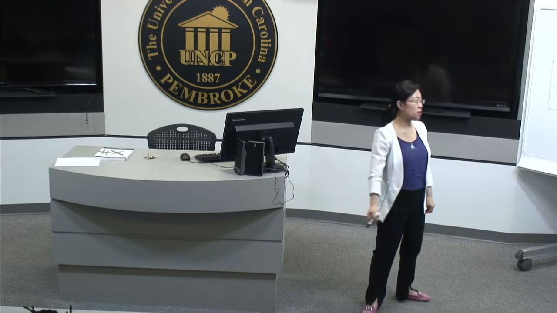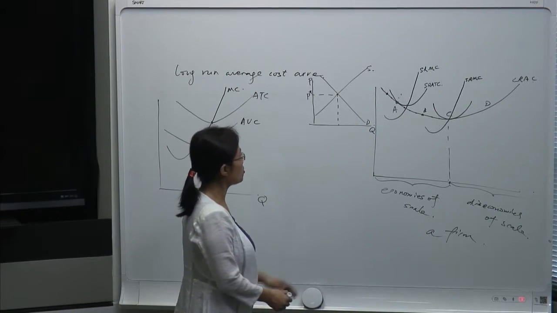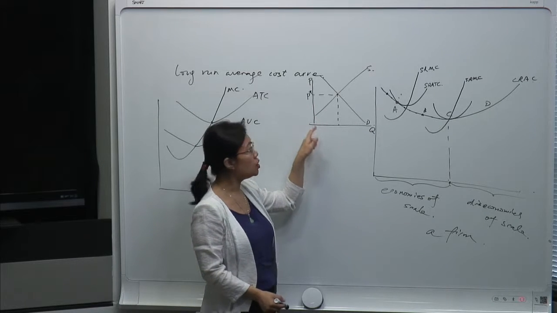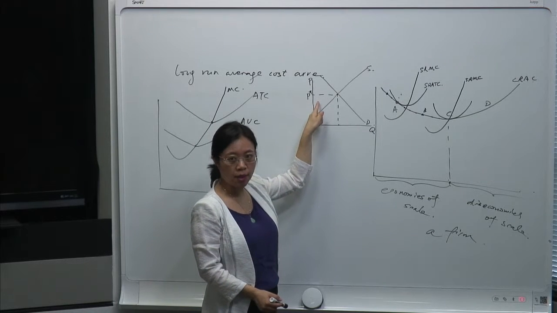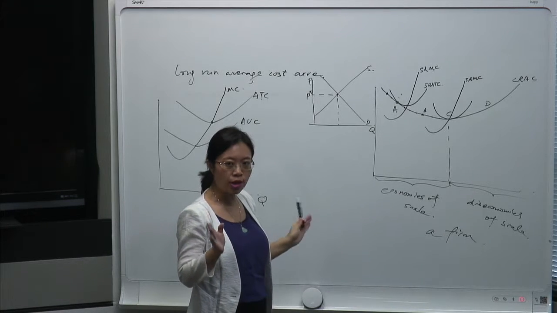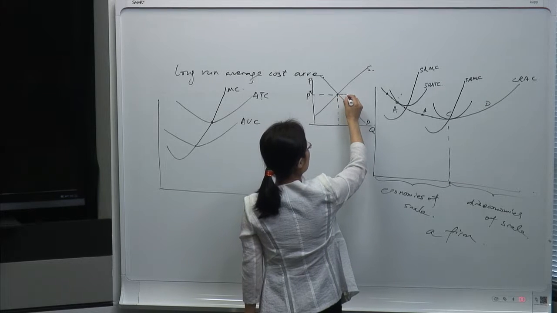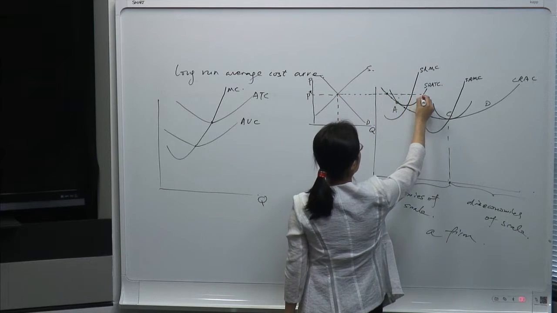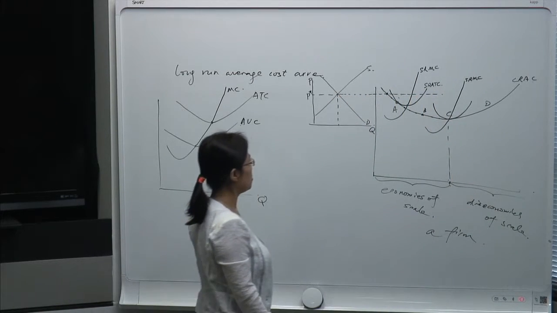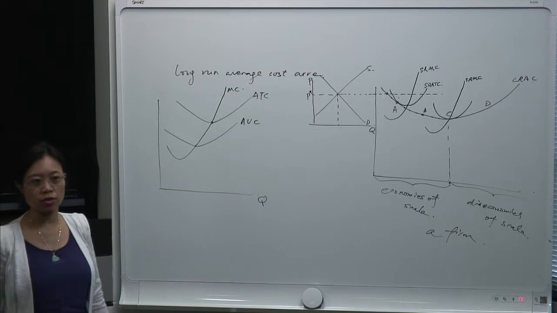If we're still in a perfectly competitive market, we know each firm is a price taker, right? So the price is determined by the market, and the firm has to sell the good at that price. So what I'm going to do is extend this price to the short-run average cost curve here.